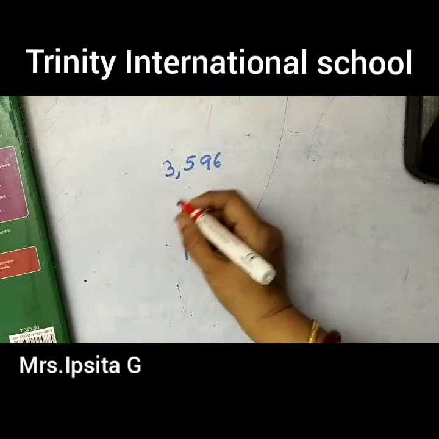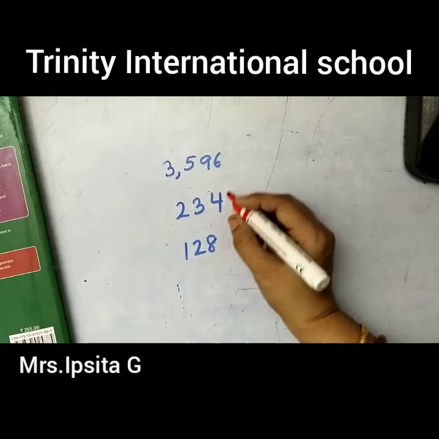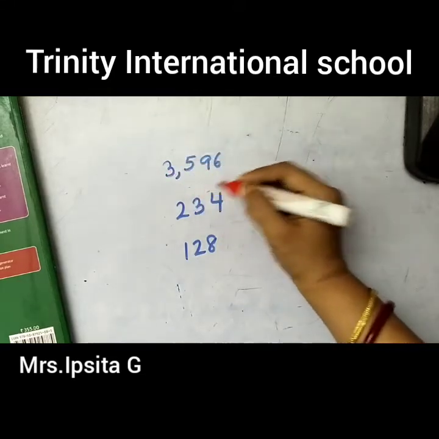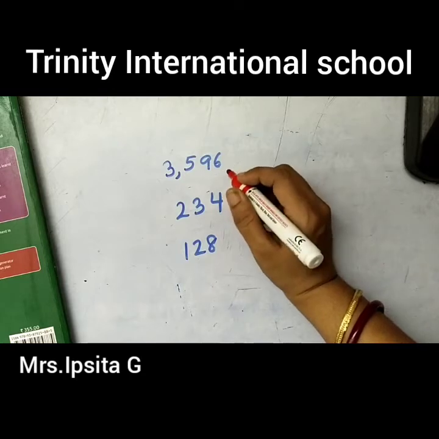Okay, and this 234, it is divisible by both 2 and 3. And here this number, you have seen that it is divisible by 4.